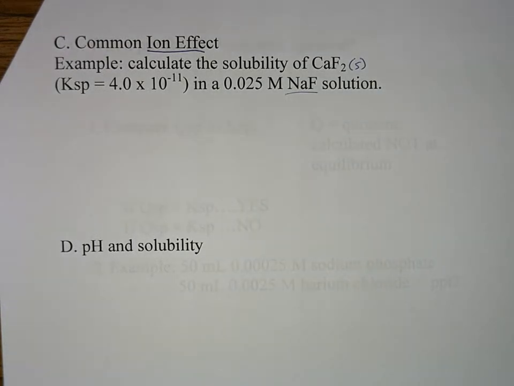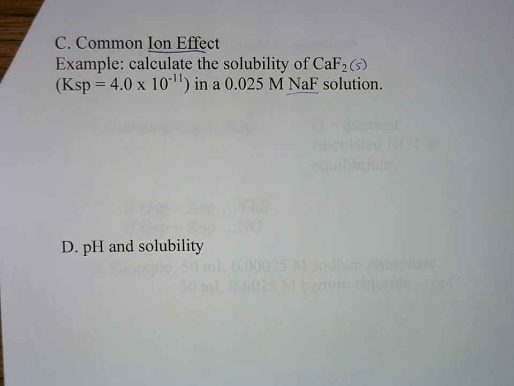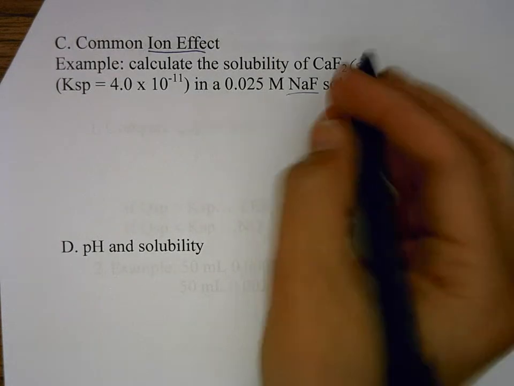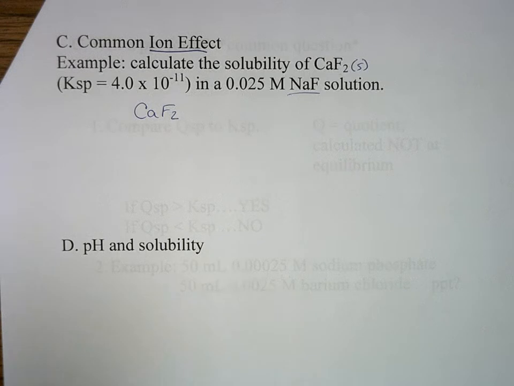Sodium fluoride is soluble: anything attached to an alkali metal will ionize completely, so I've got sodium ions and fluoride ions floating around. It's the calcium fluoride that is not completely soluble, with a very small percentage of ionization.